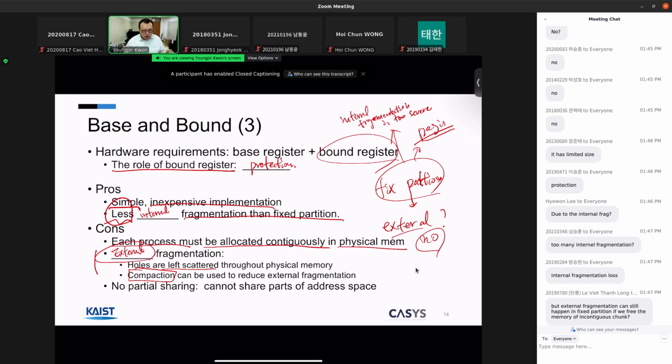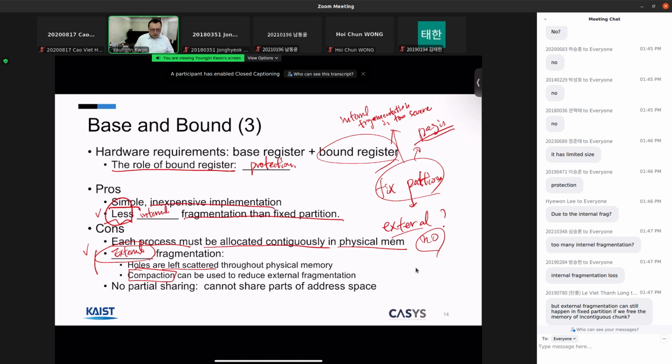But in general, fixed partition wastes more memory because the internal fragmentation of fixed partition is severe. That is the reason. So base and bound has two problems: it still has internal fragmentation and external fragmentation, but the total sum of wasted memory is less than fixed partition.